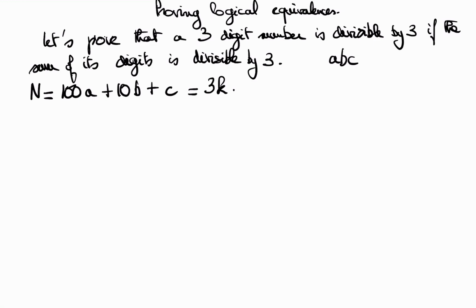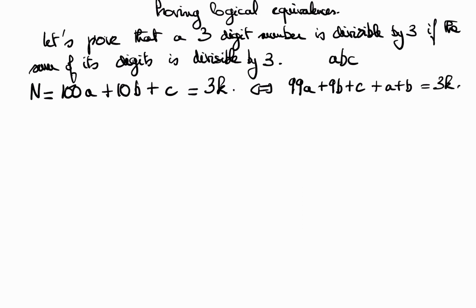And so, what I can do, maybe I can rewrite that as 99a plus 9b plus c, and then plus a plus b. Yes, and that's equal to 3k.